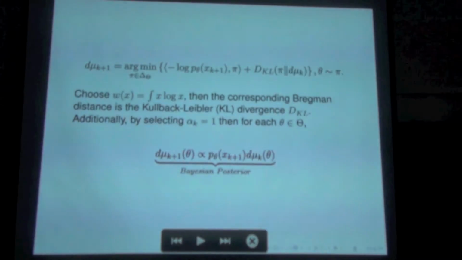Right? It's almost unbelievable. So what we did is we started from a different problem, Kullback-Leibler divergence, and we applied the stochastic approximation algorithm, and it turns out that this algorithm is the Bayesian posterior. So what this means is that what Bayes is doing is just computing the next iteration of stochastic mirror descent.